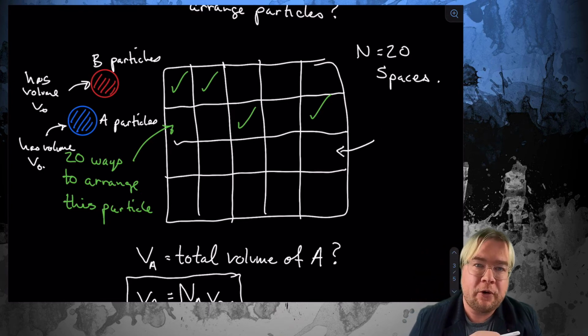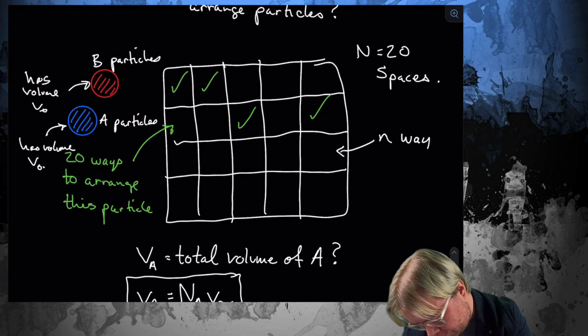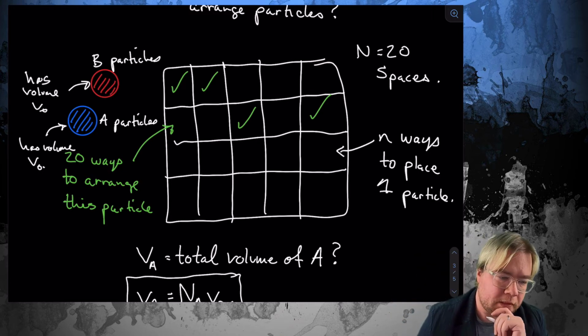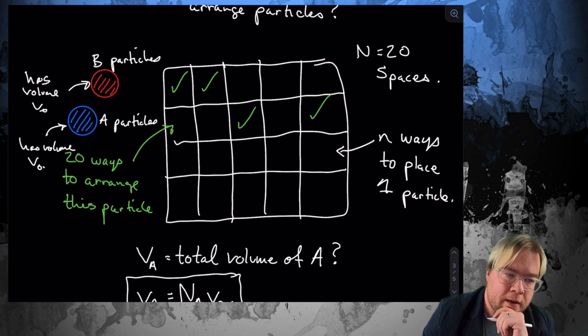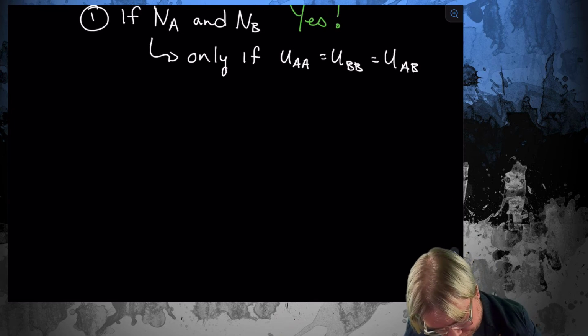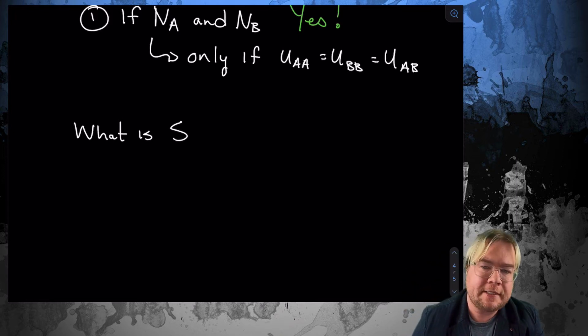And because I'm already talking about NA and NB, let's just say that there are n ways to place one particle. So I can do that. Okay. So then what is the entropy of the mixed state?